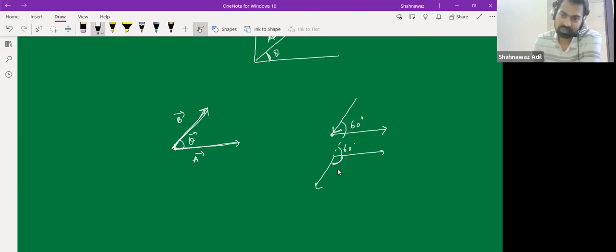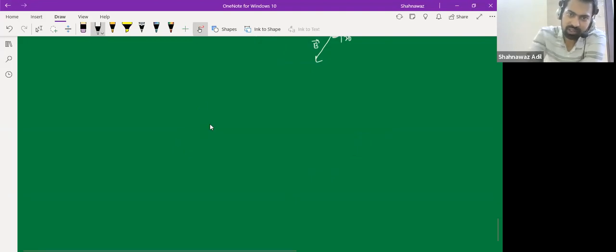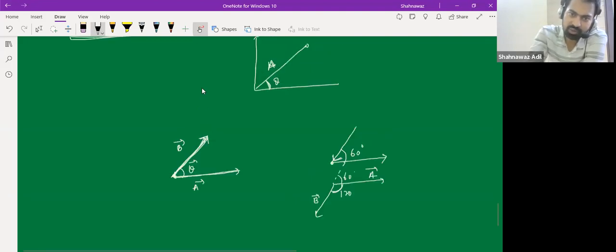By the linear property, this is 60, so this would be 120. So this was about the angle measurement. We always measure the angle between two vectors with two tails, right?